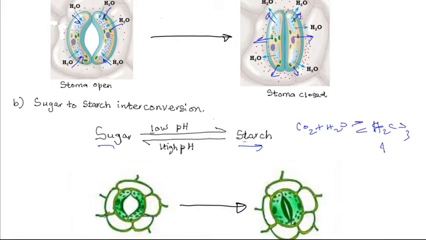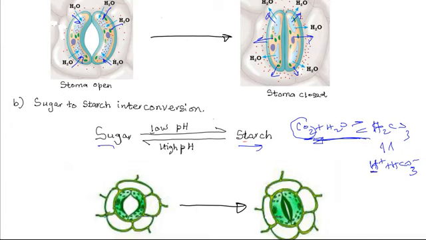This carbonic acid dissociates into hydrogen ions and hydrogen carbonate ions. So a process that will consume CO2, like photosynthesis, will make the process proceed in the reverse direction. There'll be less and less hydrogen ions because CO2 is being consumed by photosynthesis.